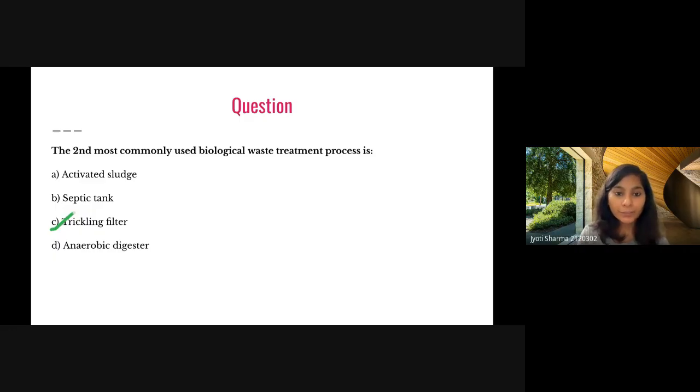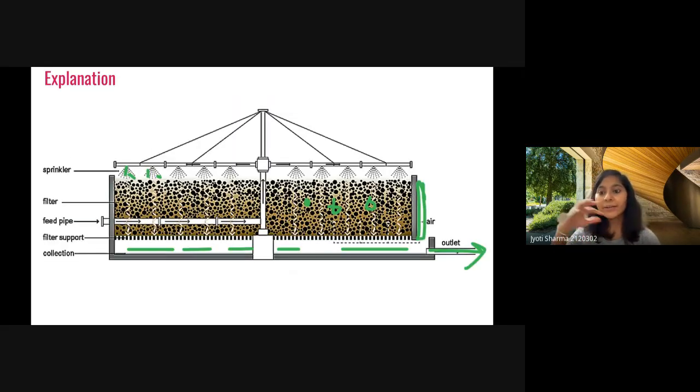Here we will have some stones or other things on which your microorganisms will be attached. It means microorganisms are not suspended in the solution, but attached to some surface, right? So this is the difference between activated sludge and the trickling filter.